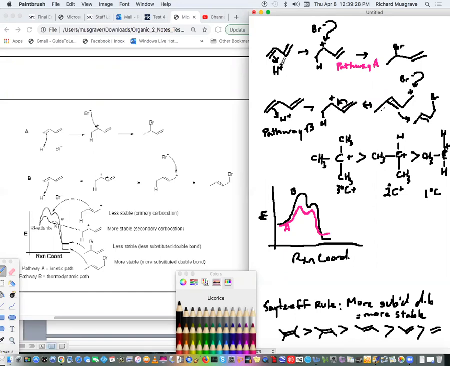So at the beginning of the energy diagram, what's present is just the reactants, and that's why they start in the same place. So this and this that are at the beginning are representative of what's happening at the beginning of the energy diagram. That's the first thing.